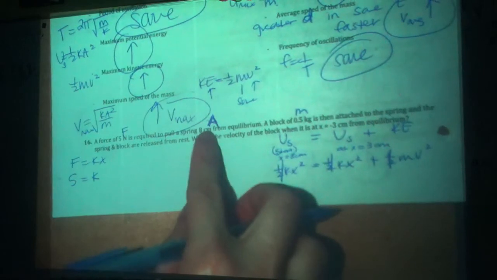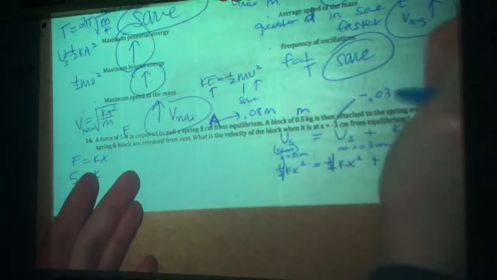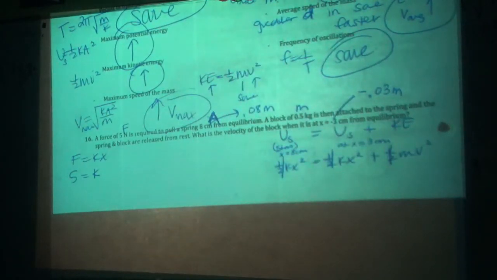So I'm going to have to convert 8 centimeters into meters, which is just 0.08 meters. And then this would be 0.03 meters. If you're wondering how I did that, just divide by 100, or divide by 10 squared, to get to the meters. Because if I wanted to go from meters to centimeters, I'd do times 10 to the negative 2, like it says on my equation sheet.